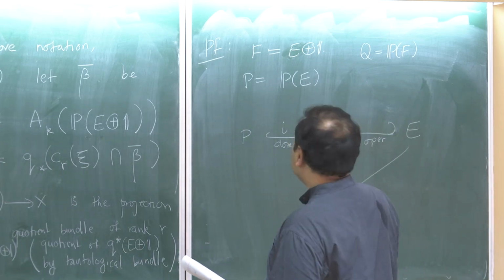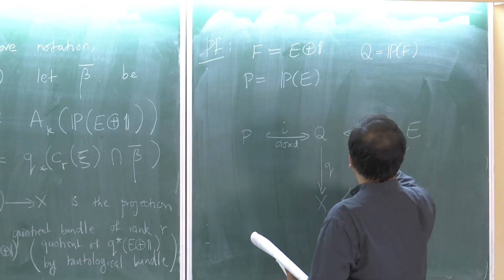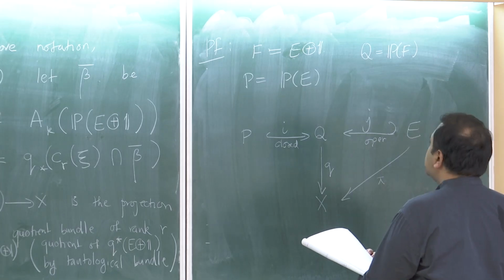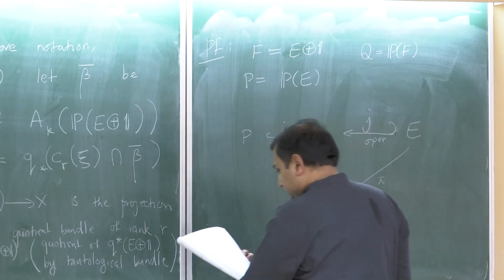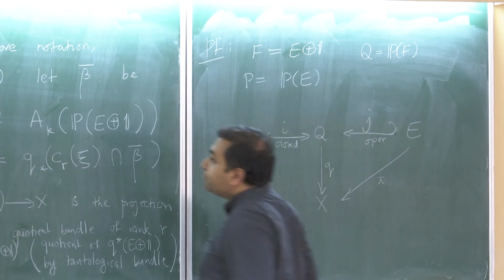This is pi, this is Q, this is J. I think I have enough symbols for now. Okay, so this is the picture.